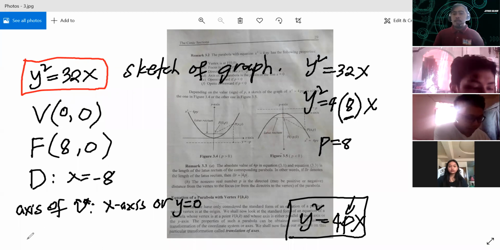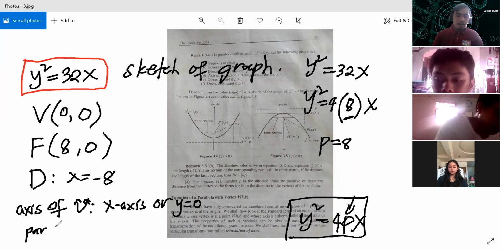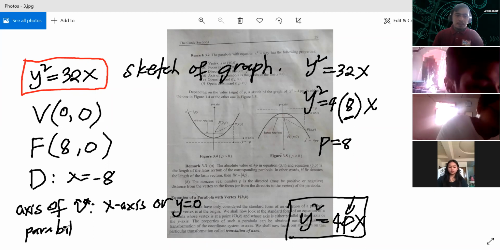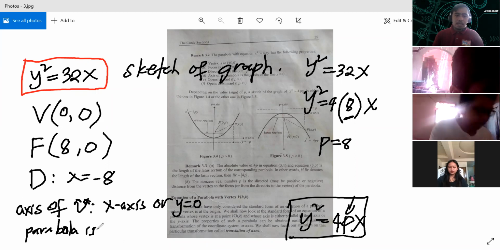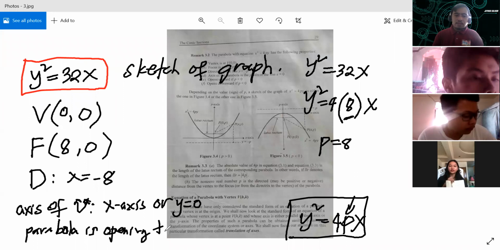Is it opening to the right or opening to the left? Opening to the right, since your P is greater than 0. So your parabola is opening to the right.